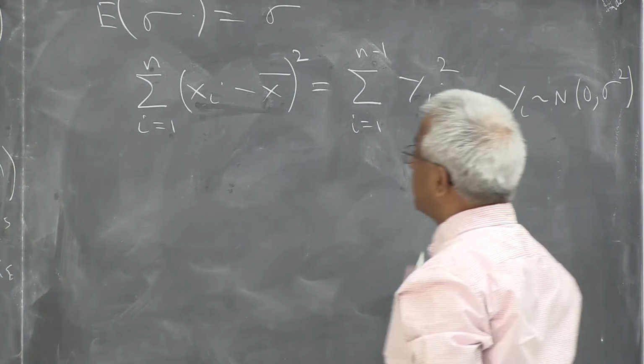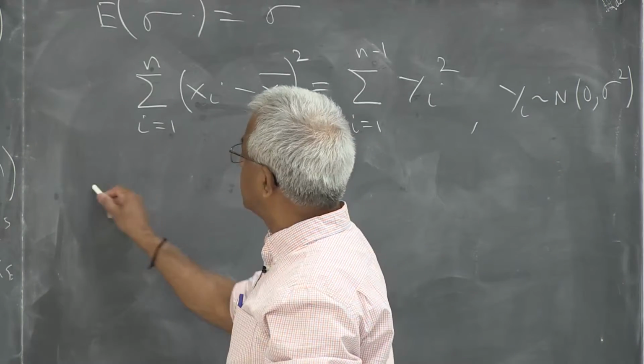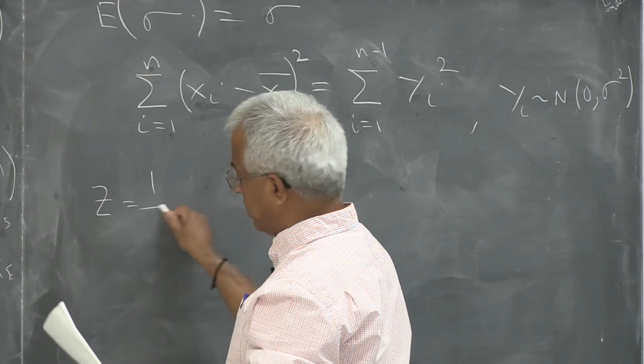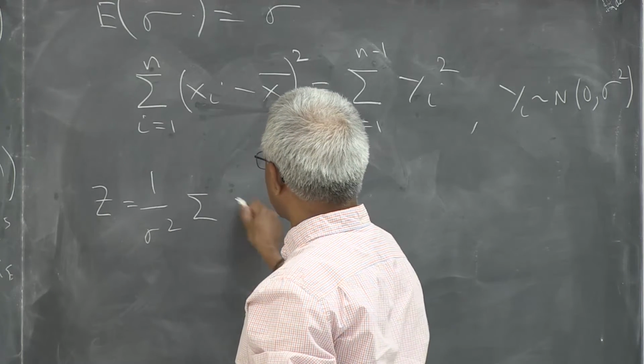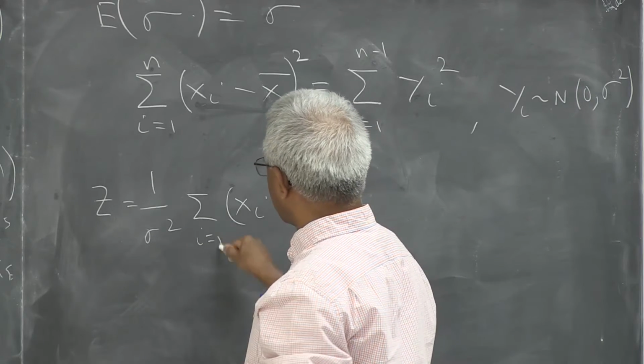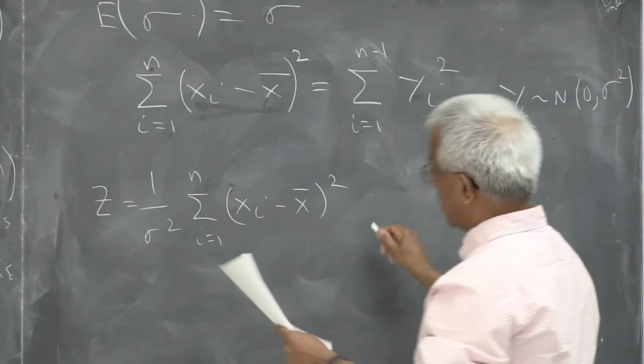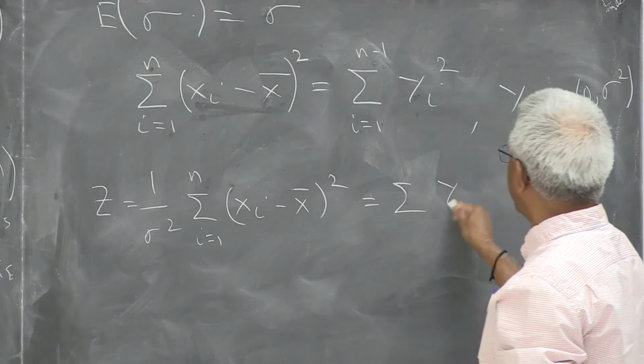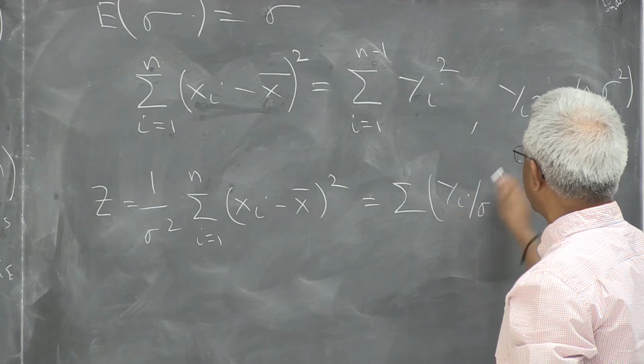So consequently, if I define z to be this random variable, this is the same as the sum of yi over sigma squared.